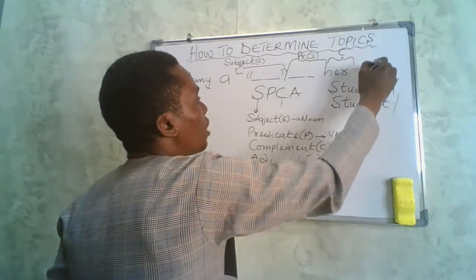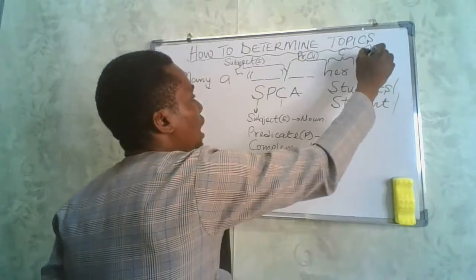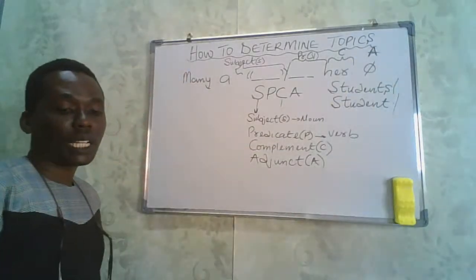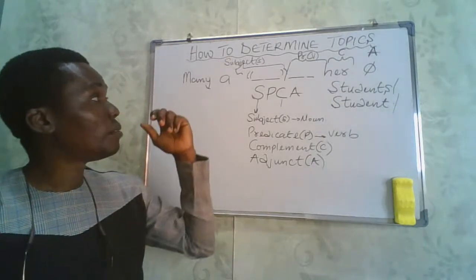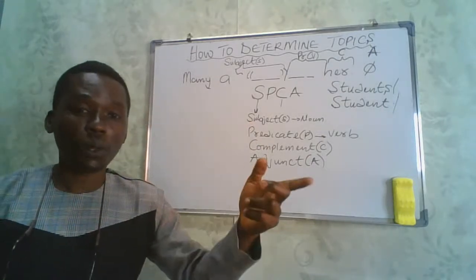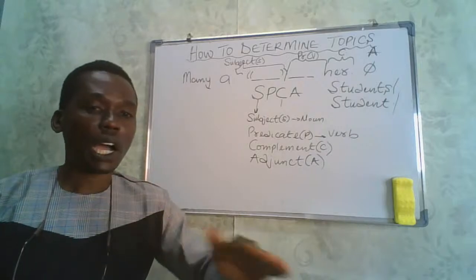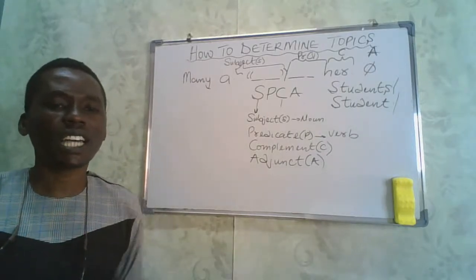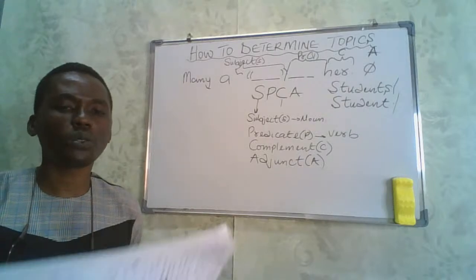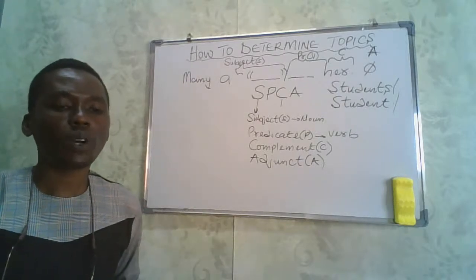But here, we have none for the what? For the adjunct. So that question shows that we have the subject, we have the predicate, we have the complement, but no adjunct.